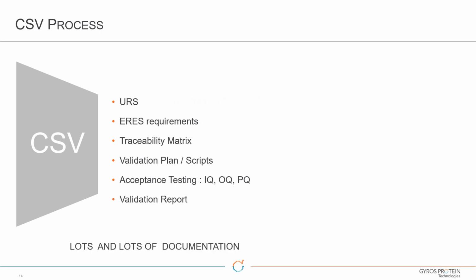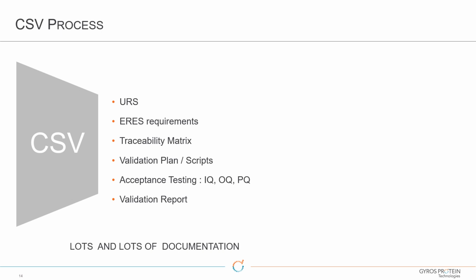So a general overview of the CSV, or computer system validation process, is you have a user requirement specification. So it's how you want to use the system and what requirements it needs to meet. You need to look at the electronic record and electronic system requirements. Then you have a traceability matrix to look at your requirements and how they're going to be tested.